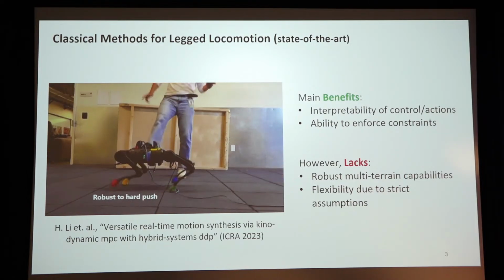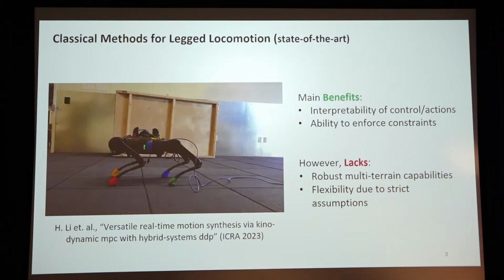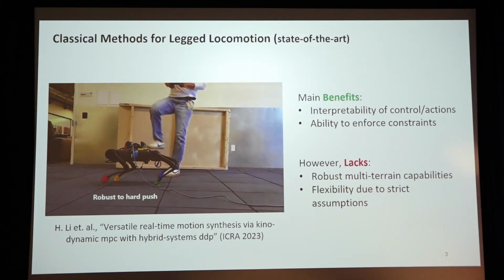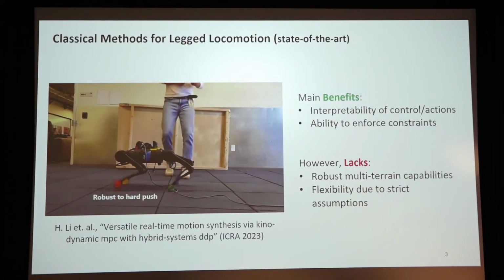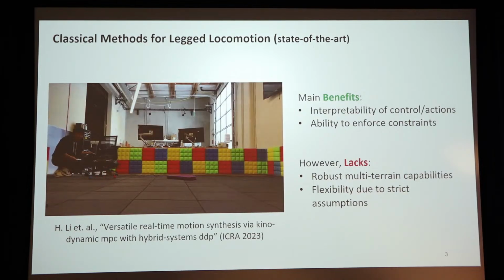Further, they also make a lot of assumptions which limits what type of tasks they can solve. So let's say you want to solve a task of loco manipulation, where you want the robot to move something from one place to the other, as well as climb or maneuver over some complex terrains. There, these methods face a huge bottleneck.